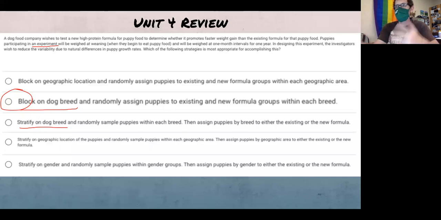I want to test golden retrievers, and this and that, like split it up, not actually giving them a treatment. Yeah, there's no treatment. It's just testing to see, based on this question, do you have fleas? Dog, do you have fleas? But blocking is like we have a treatment. We want to give you the new formula or the old food formula, and we want to make sure that we split by dog breed first to see if within a breed the new formula helps growth in the dogs.